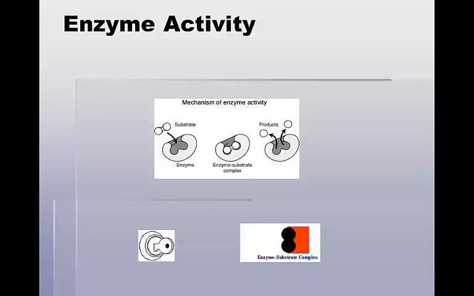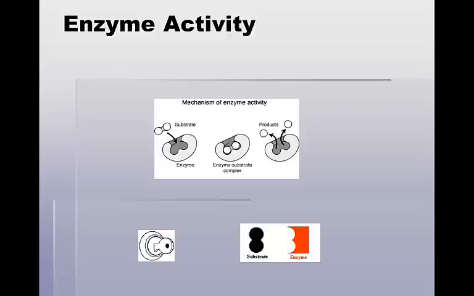Maybe that disaccharide only breaks down if it reaches 150 degrees. Well, you just ate lunch or you just ate breakfast, and you need that disaccharide to be breaking down in your stomach at your body temperature. So the enzyme lowers the activation energy. I don't have to put a Bunsen burner inside of you to heat it up, and it allows it to break down at a lower temperature.